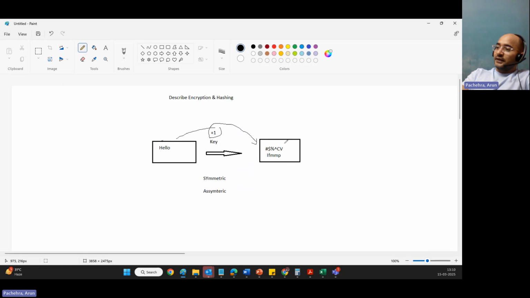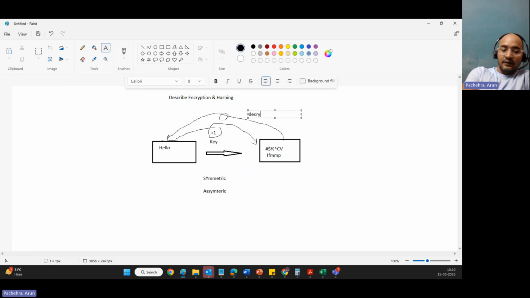Now when we need to decrypt, we need to again utilize the same key, +1, and we will get the result. This is symmetric encryption. We use a single key to both encrypt and decrypt. So if we go this way, we are decrypting, but when we were coming this way, we were encrypting. And in both scenarios, we are using the same key.